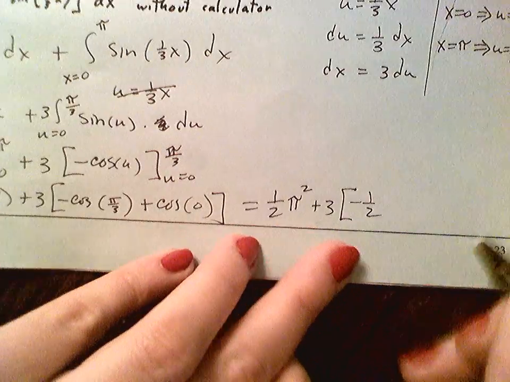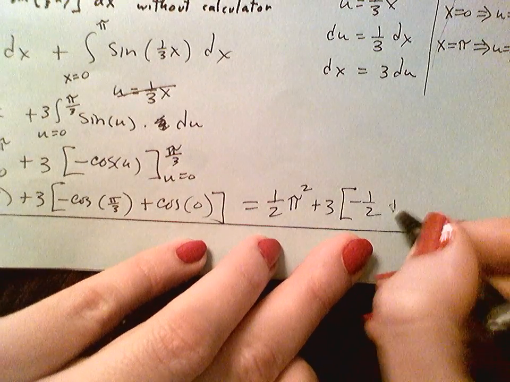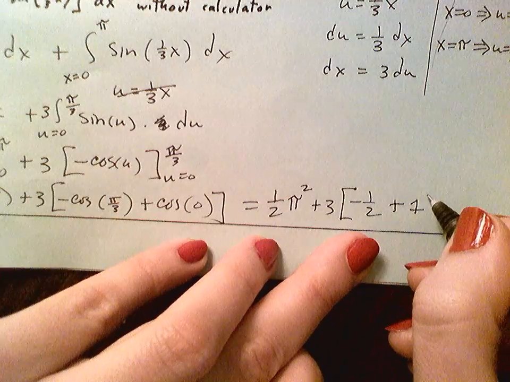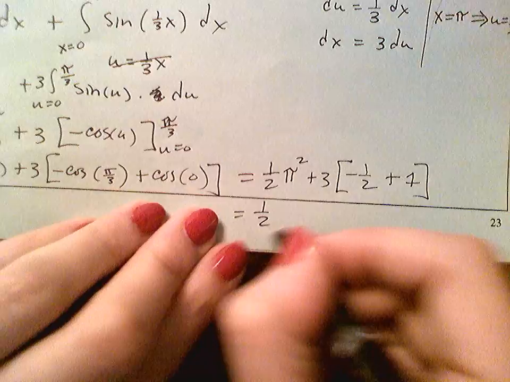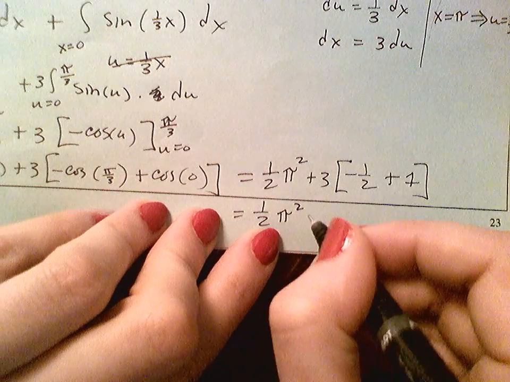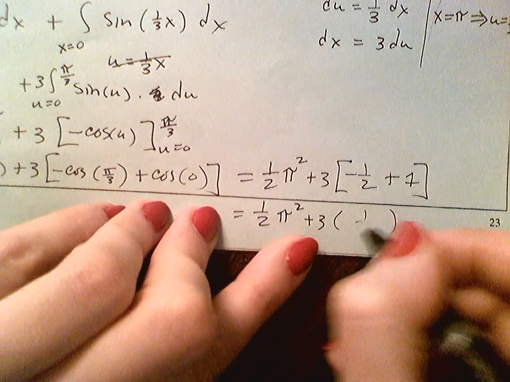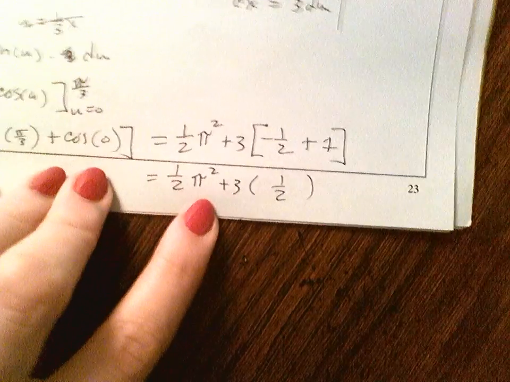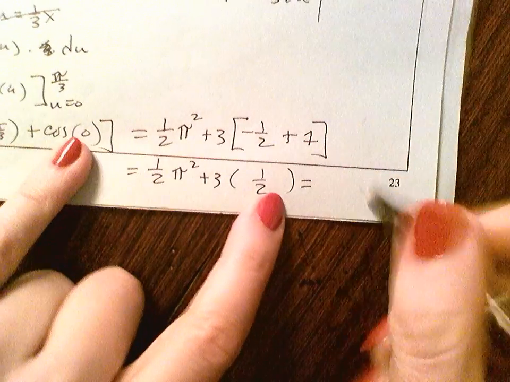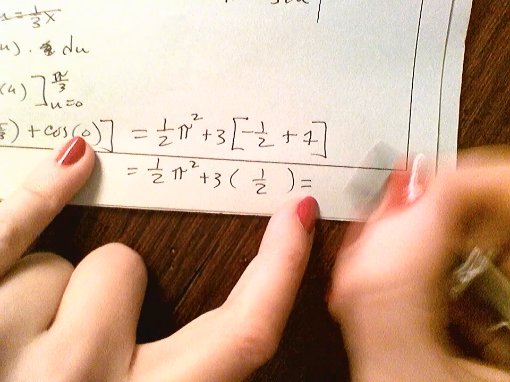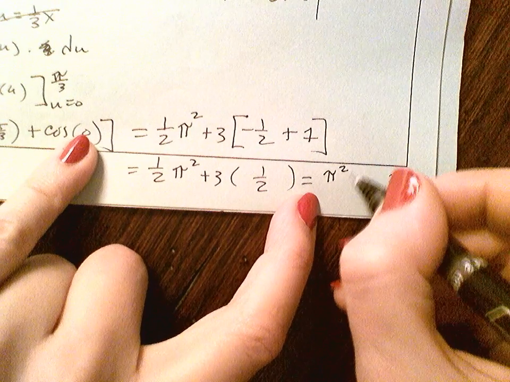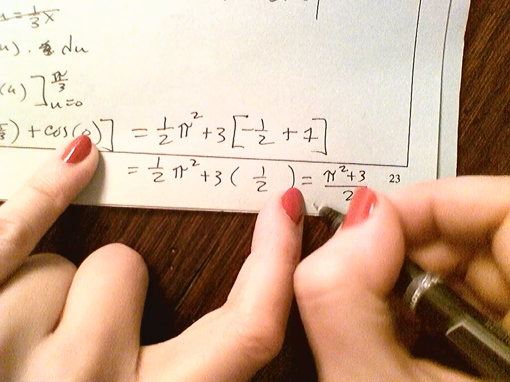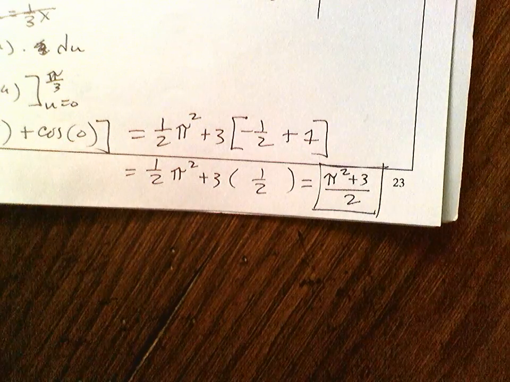So that's negative 1/2, and please comment if I make a mistake. Plus cosine of 0 is 1. So this is negative 1/2 plus 1, which is 1/2. So 1/2 pi squared plus 3 times 1/2. That'll be 3 halves. So this will be pi squared plus 3 over 2.